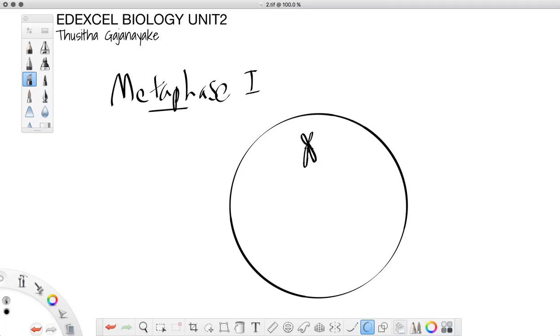Let's say the black color one represents one set of chromosomes, and the other one, the homologous chromosome, is in front, like the blue color one. Maybe for the other pair, the blue color one is on the first side and the black color one is on the next.